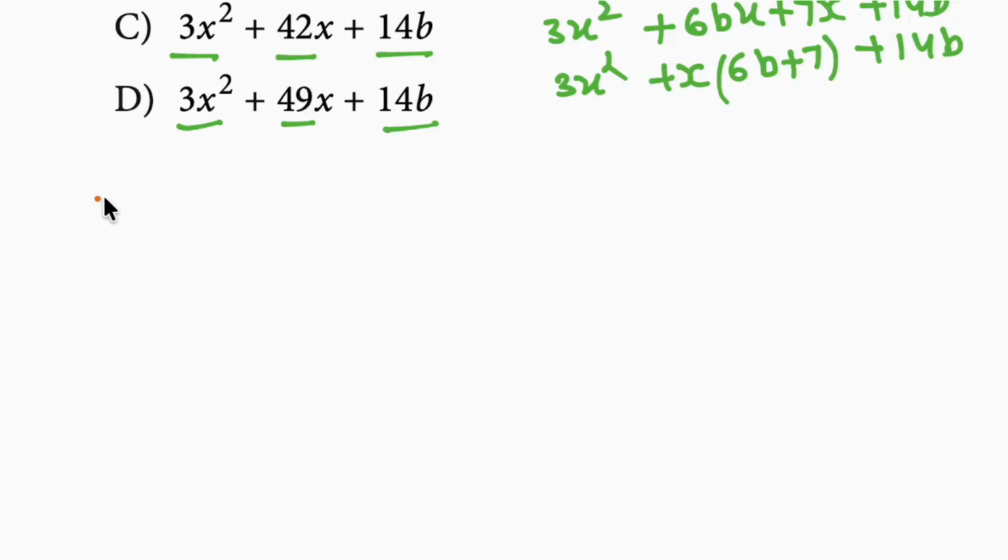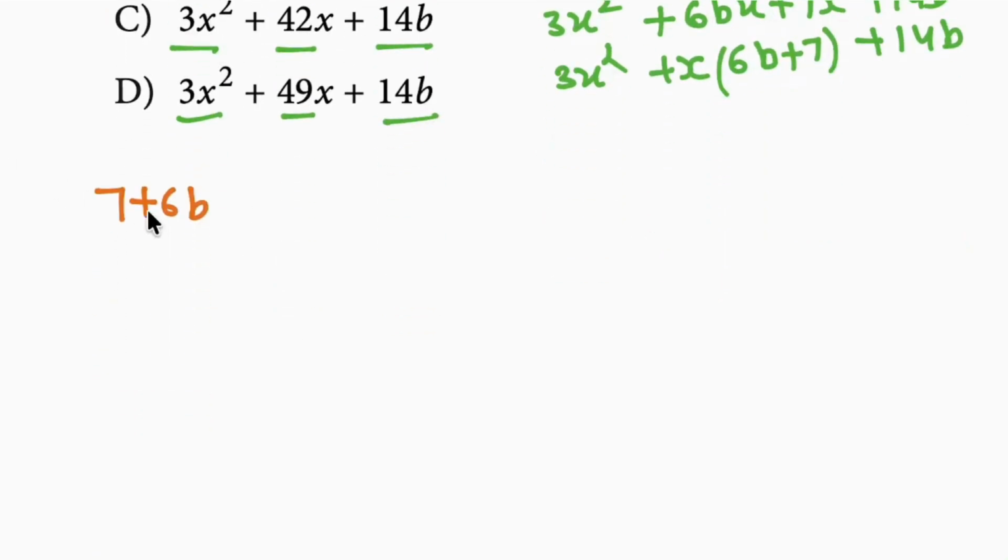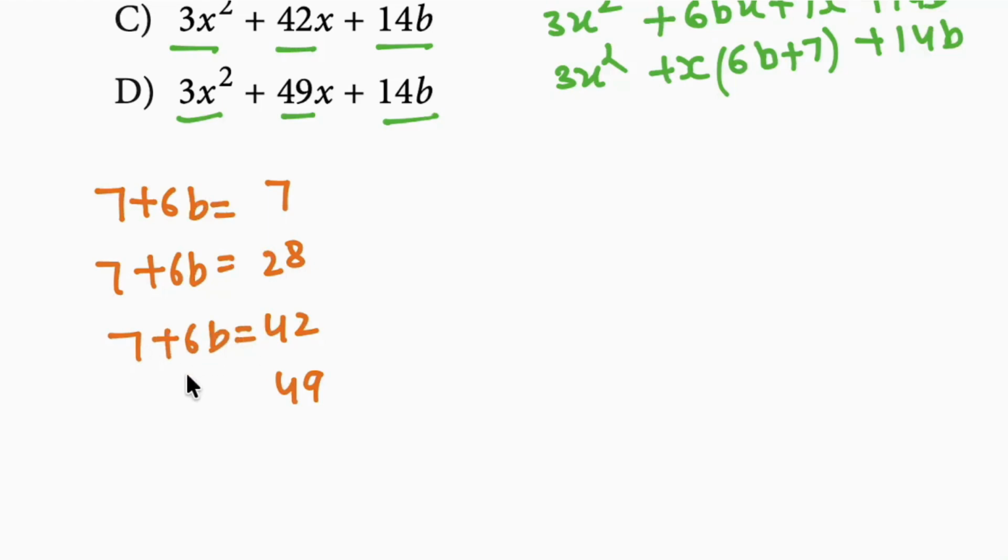So 7 plus 6b can be equal to 7 or 28 or 42 or 49. Let's write all of these. If I take the first one, subtracting 7 on both sides, 6b is equal to 0, so b is equal to 0.